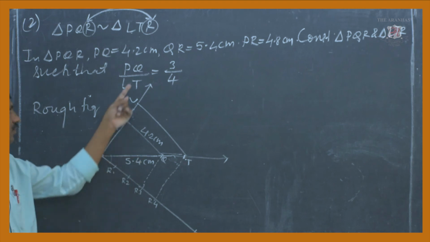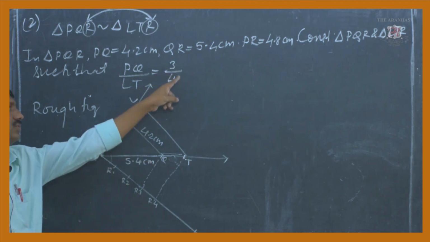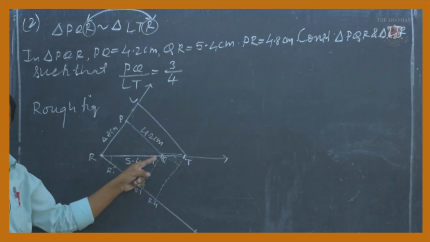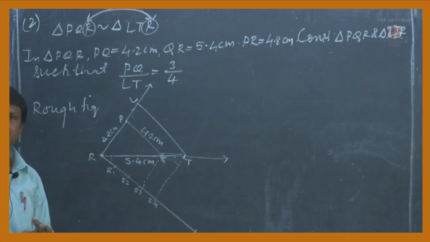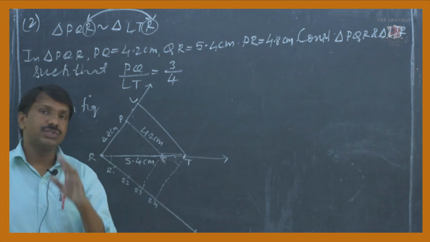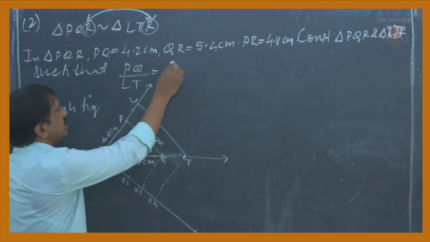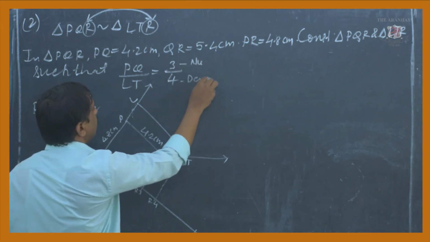Actually the base of the triangle has to be divided in the ratio 3:4. But here what happened? After 3 parts the segment is finished, so for the remaining part, up to R4, you have to extend the base. In short, suppose you are doing this sum: this is the numerator and this is the denominator.